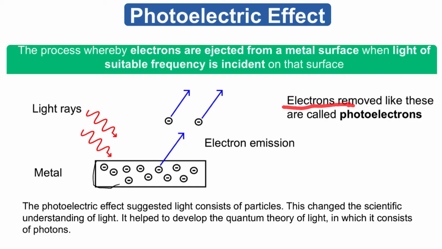Electrons removed like this are called photoelectrons, and the process is electron emission, so they are emitted there.